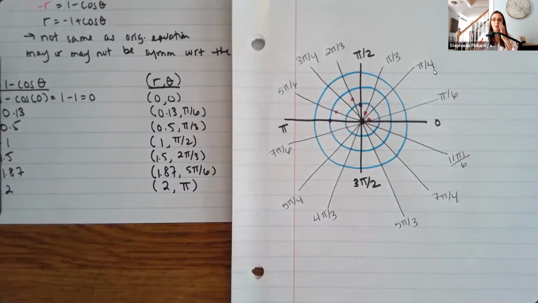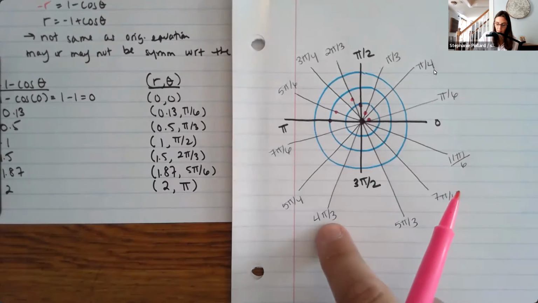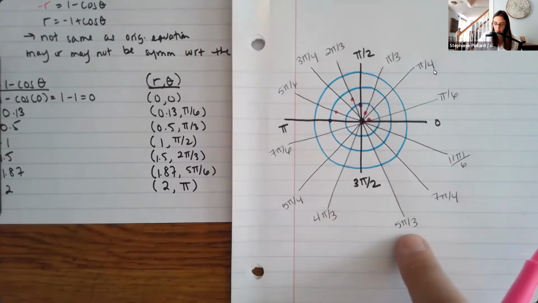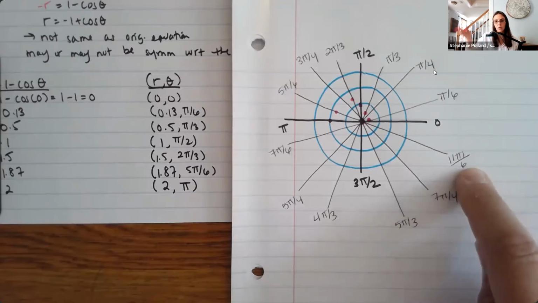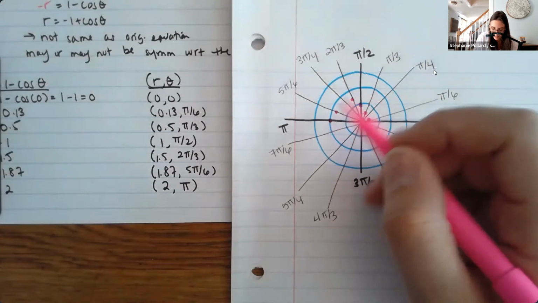Now, if you're having trouble with symmetry here, go ahead and fill in the rest of the values. You can do 7 pi over 6, 4 pi over 3, 3 pi over 2, 5 pi over 3, and 11 pi over 6. So do the same angles underneath, and that will give you those points there as well. Or you can note that you have that up and down symmetry. So what I'm going to do is just mirror that point.